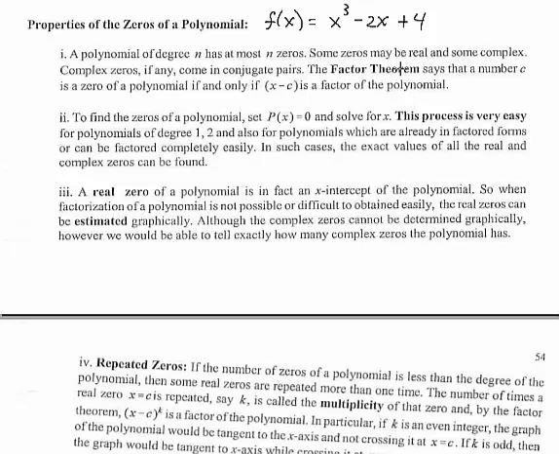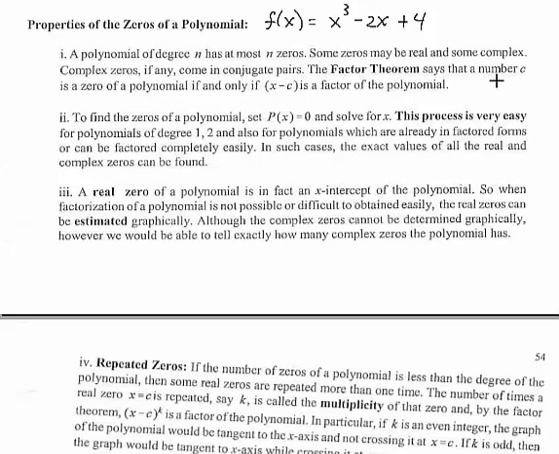Some zeros may be real, some complex. Complex zeros come in pairs. So in other words, little f could have 3 real zeros, or it could have 2 complex zeros and 1 real zero.